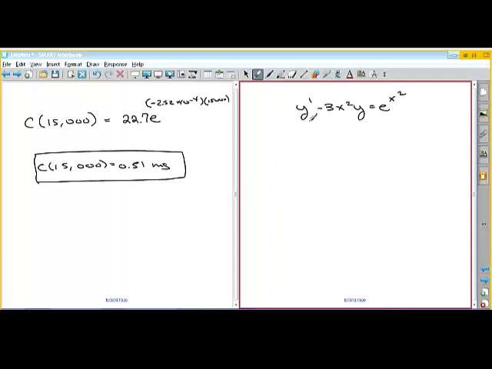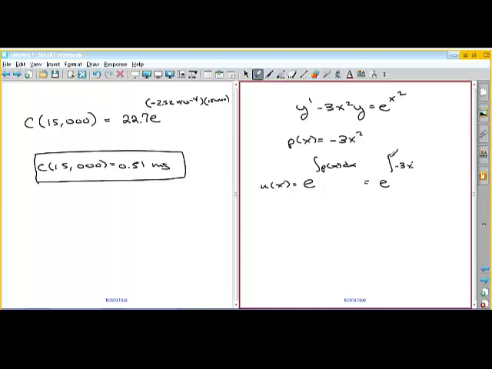So here we are. This is already actually in standard form. The first thing you would do is put it in standard form if it wasn't already. The second step is you identify what P of x is. That's this term right in front of the y. Then you calculate the integrating factor. So it's e to the integral of P of x dx.